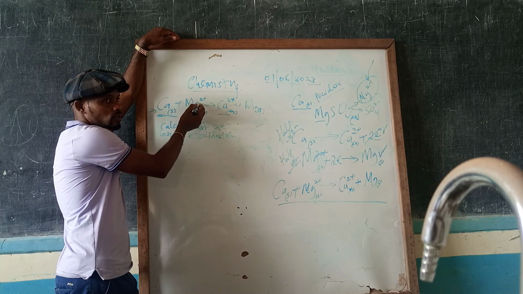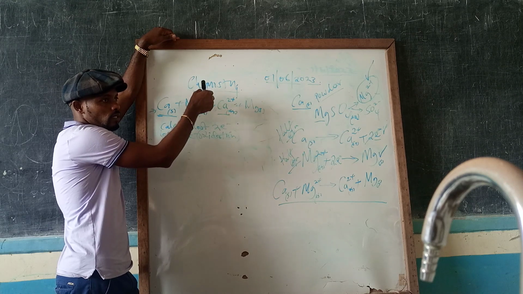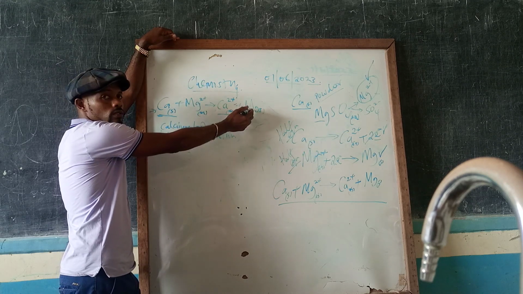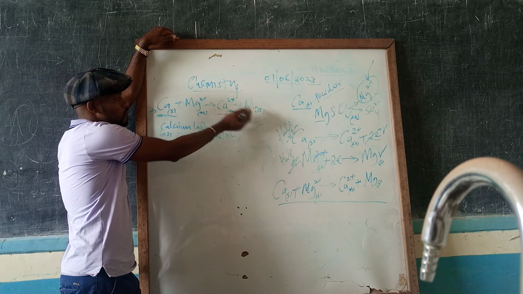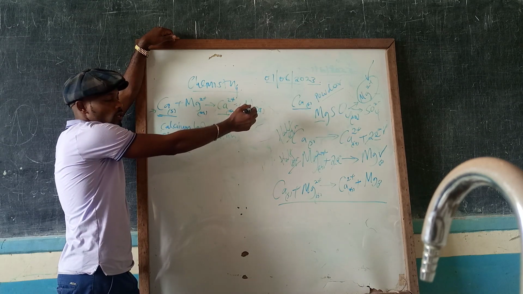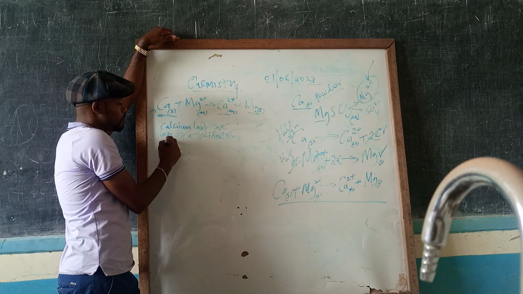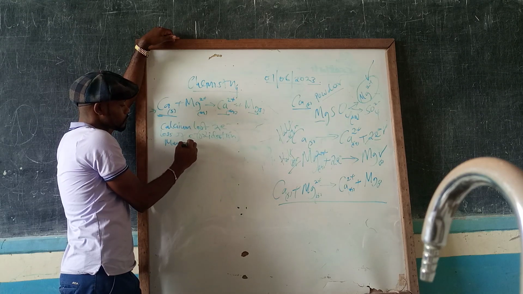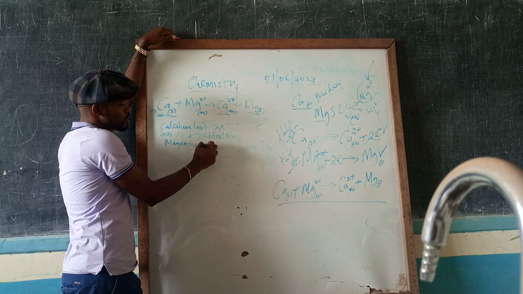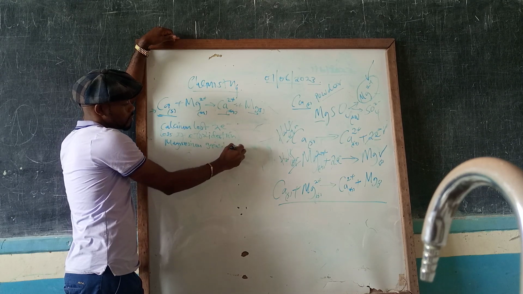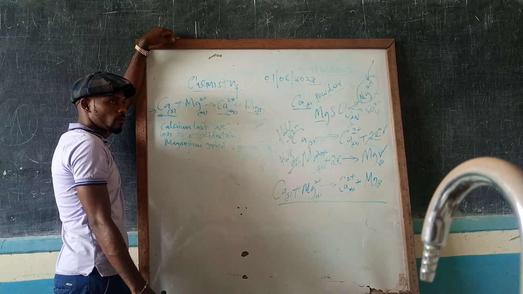Magnesium here was existing as an ion without 2 electrons. It had already lost them, but on the other side, it gained the 2 electrons to reach its atomic state. So magnesium gained 2 electrons.